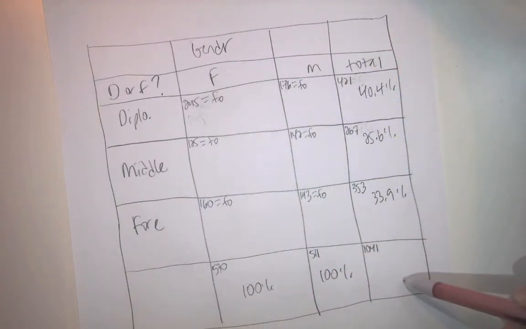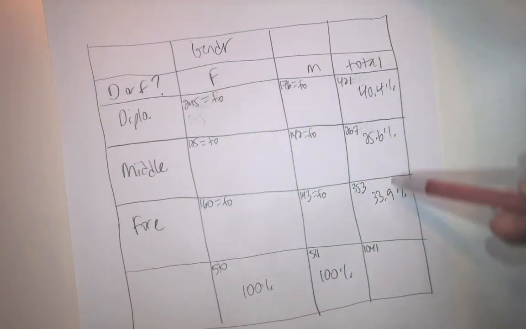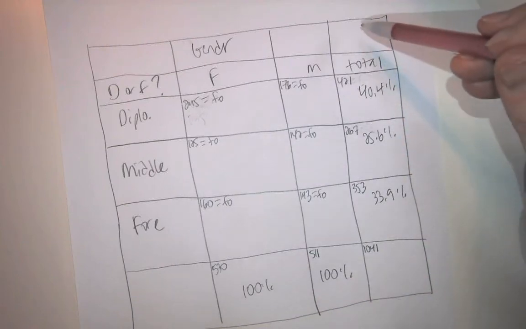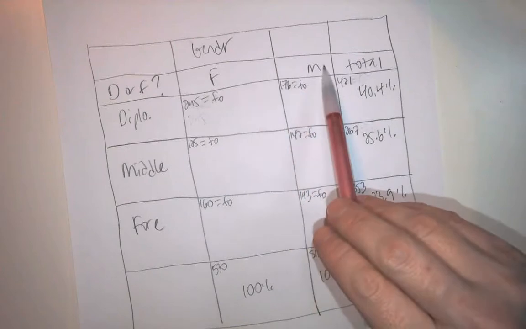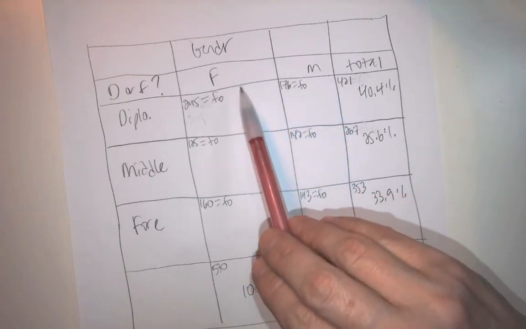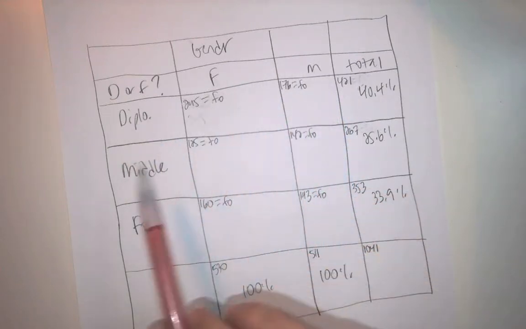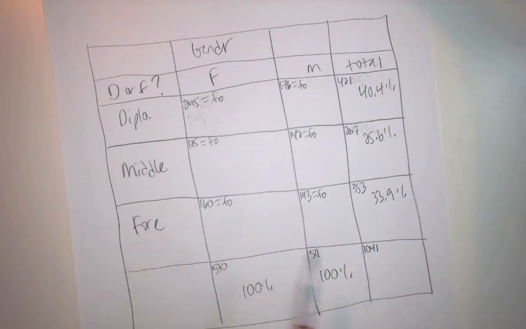So I'll repeat, you will not be doing a calculation in the total squares, either in the column, which is our independent variable, gender, or our rows, which is our dependent variable, support for diplomacy or force.